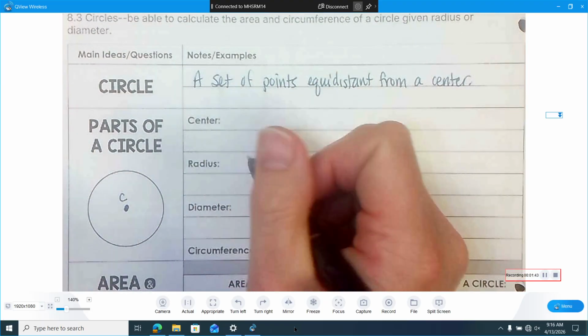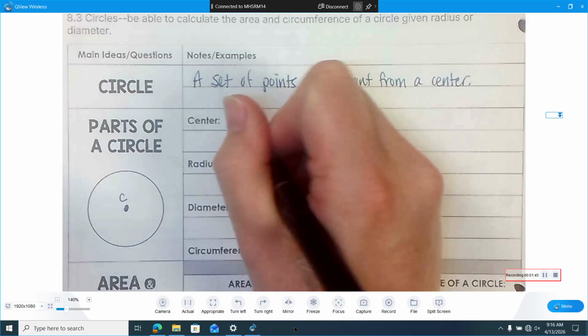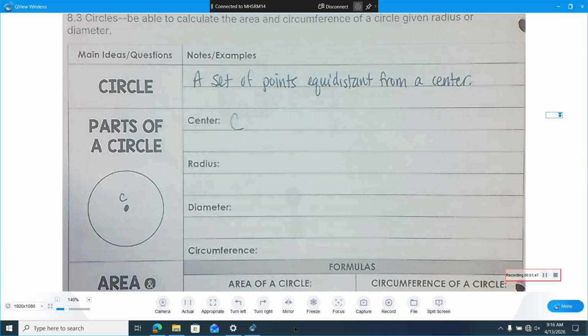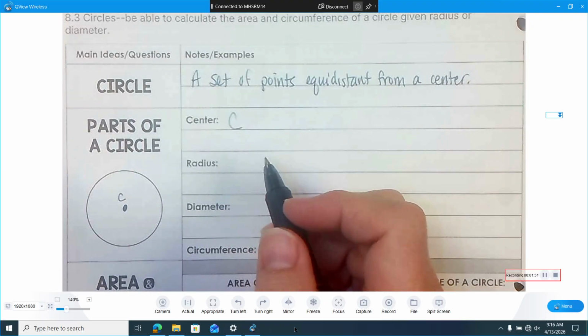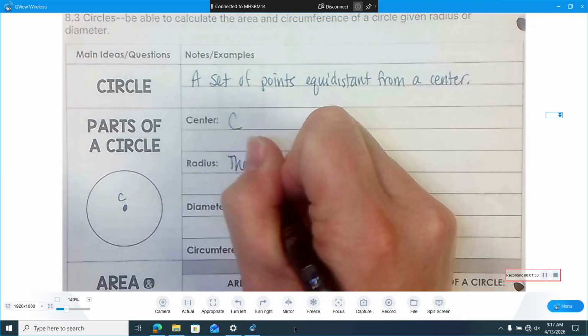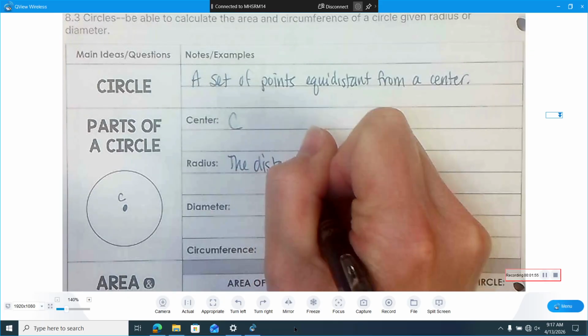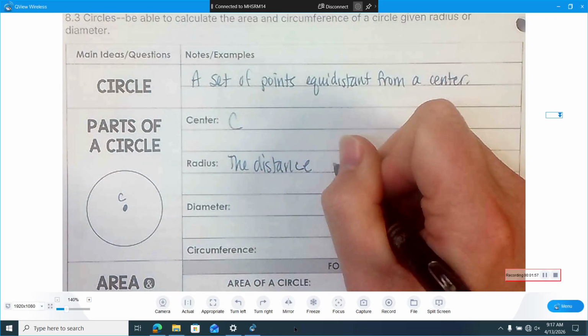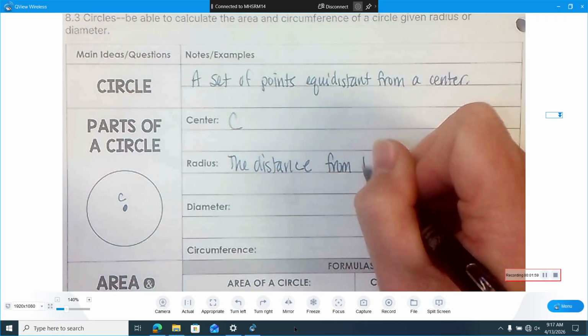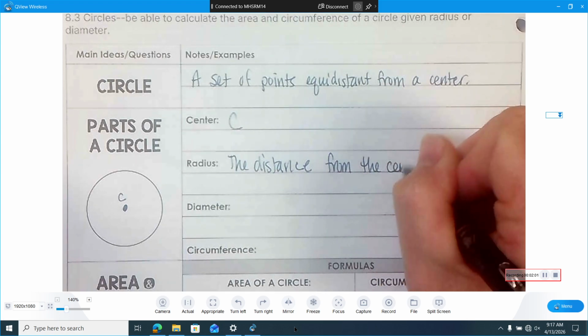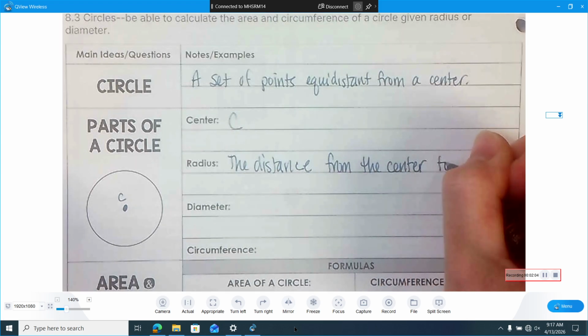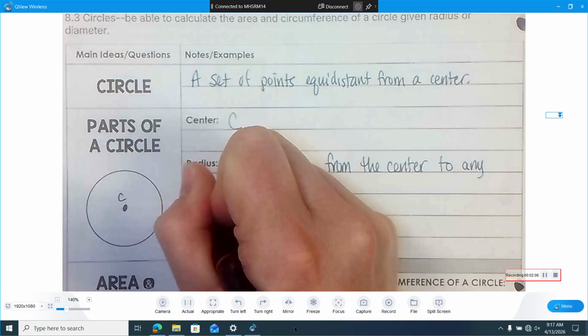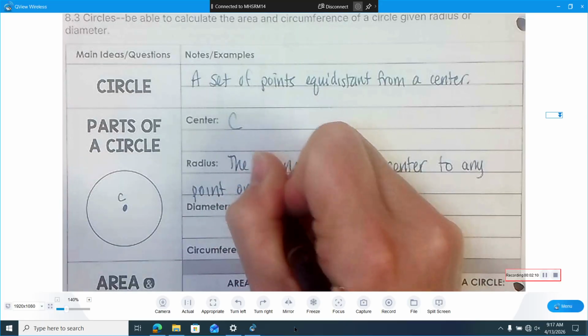The center, C, I'm just going to write C, is the center of this circle here to the left. The radius is the distance from the center to any point on the circle.